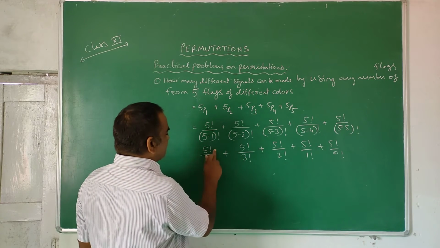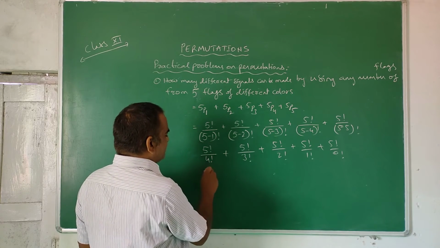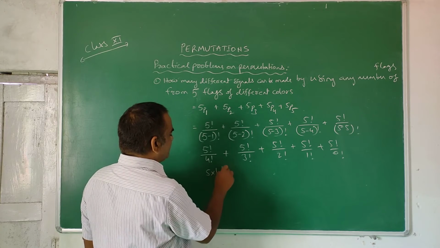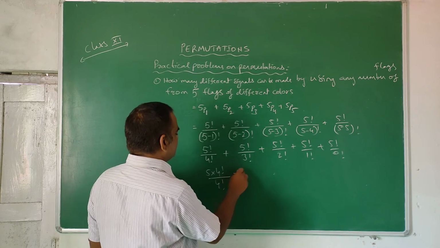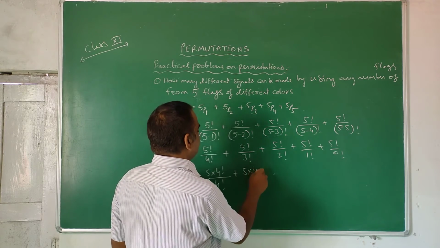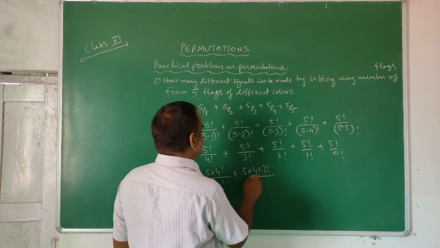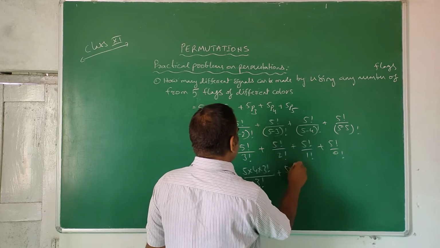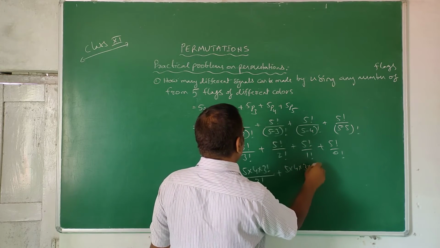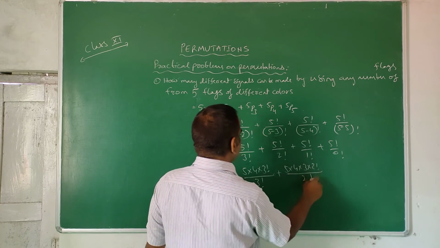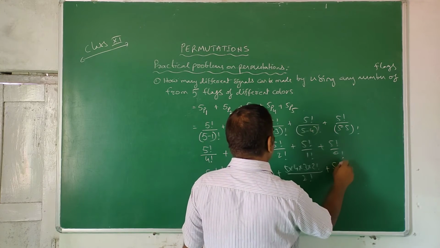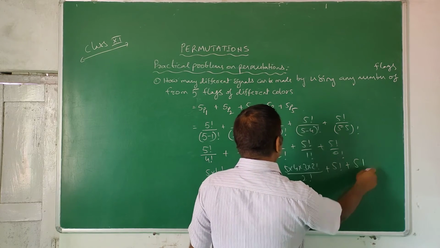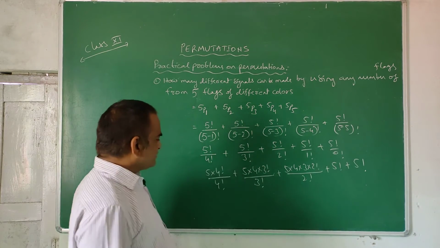So this is 5 into 4 factorial by 4 factorial. This is 5 into 4 into 3 factorial by 3 factorial. This is 5 into 4 into 3 into 2 factorial by 2 factorial. This is 5 factorial. This is 5 factorial. Are you following?